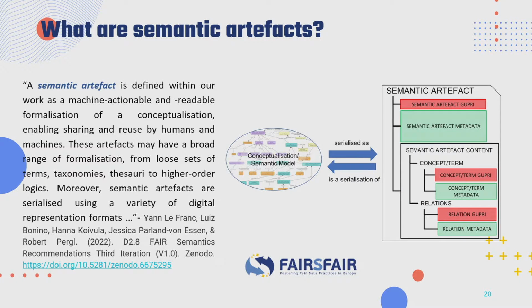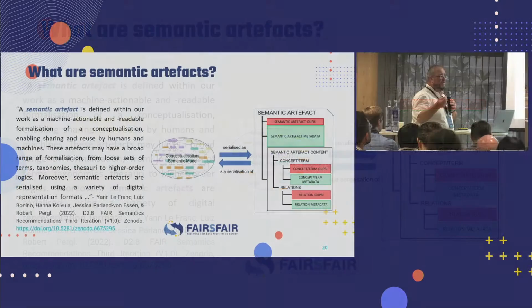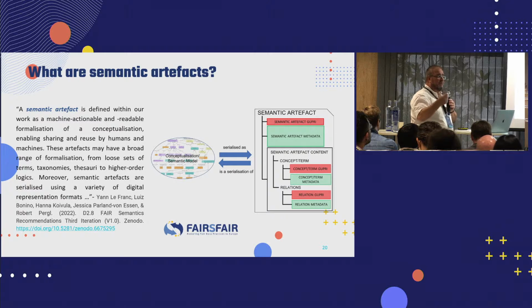Now, what exactly are semantic artifacts? This concept comes from a previous project I was involved in, called FAIR is FAIR. You may have heard about it, where we tried to come up with recommendations on how to make ontologies, controlled vocabularies, and all these artifacts FAIR. The problem is that when you start talking about controlled vocabularies and thesauri, you enter a debate whether or not it's an ontology.